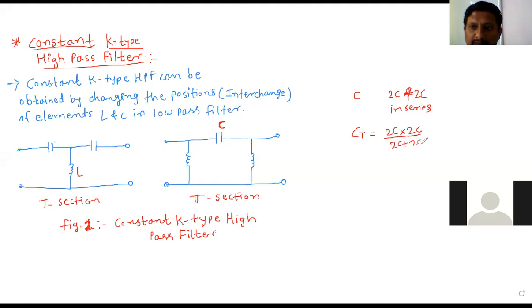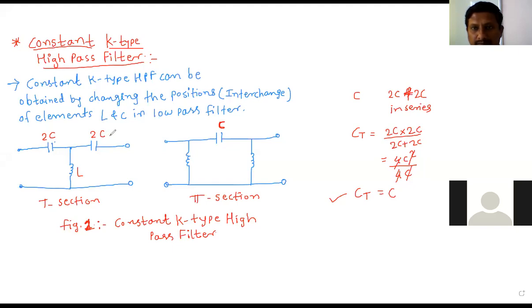So 4C squared divided by 4C. The 4 gets cancelled and C gets cancelled, so CT, the total equivalent, becomes C. That is what I want. So when 2C and 2C are connected in series like this, you get C. So here the value of this capacitor is 2C and this is 2C. Now understood?